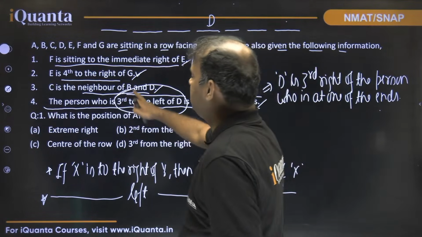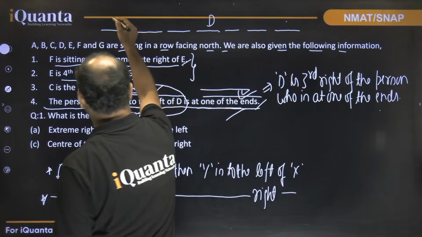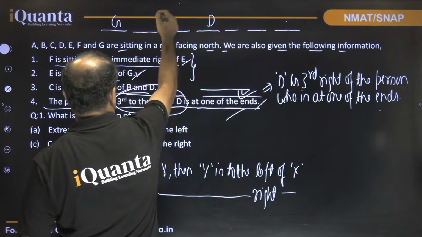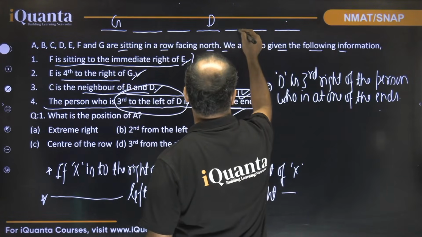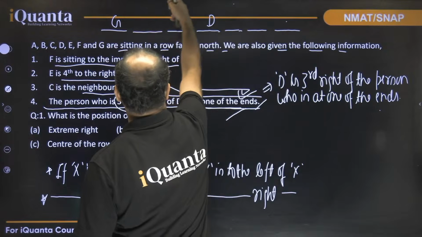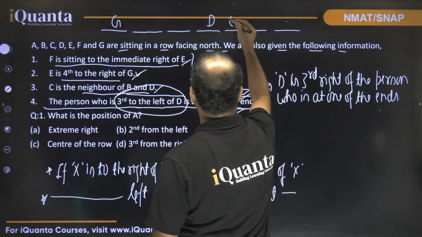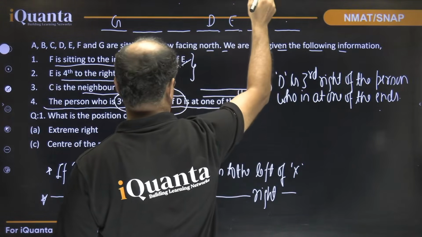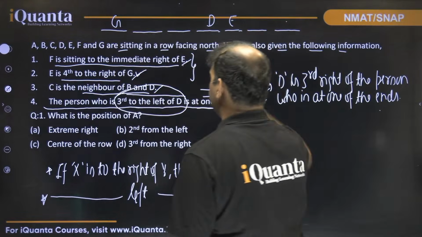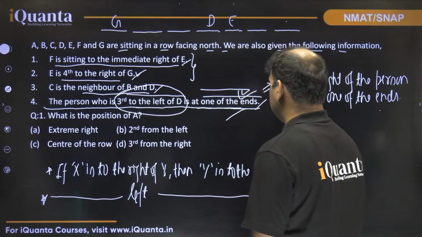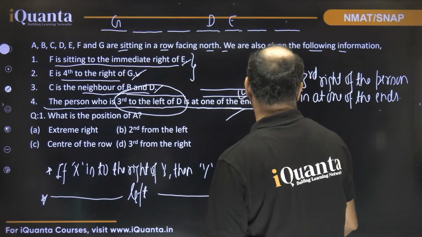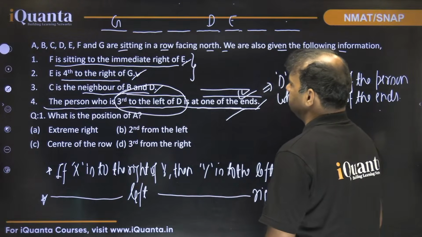So E is fourth right of G. Let's say if this is G, then fourth right must be this: one right, second right, third right, and fourth right. We obviously have to draw more arrangements.